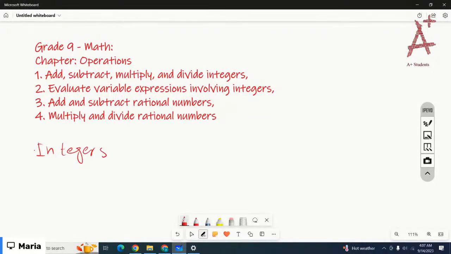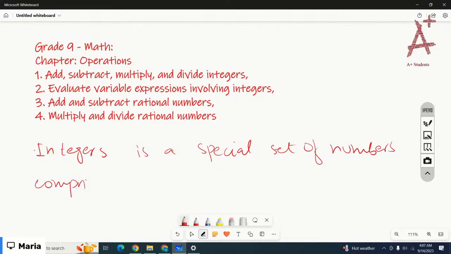Integers is a special set of numbers comprising 0, positive numbers and negative numbers.